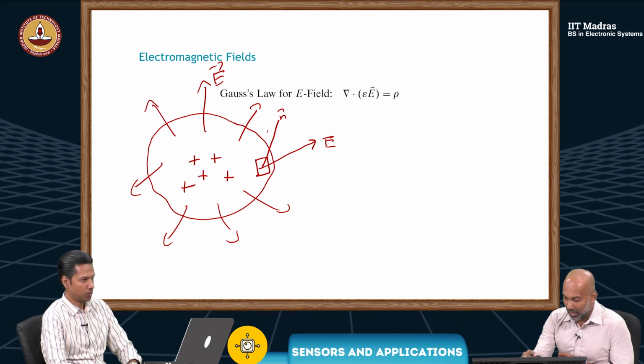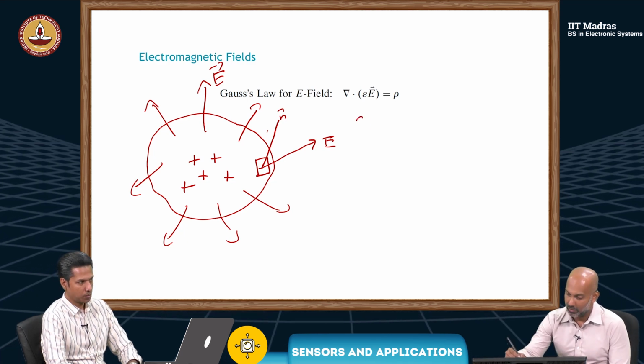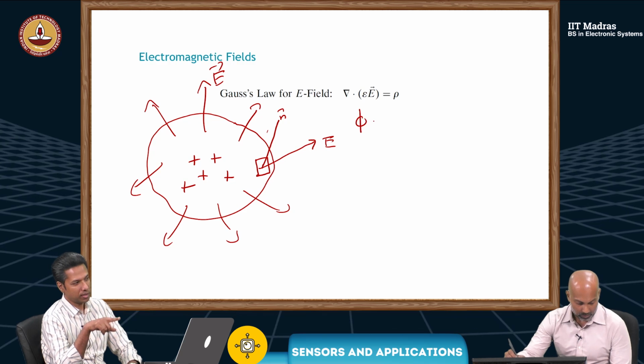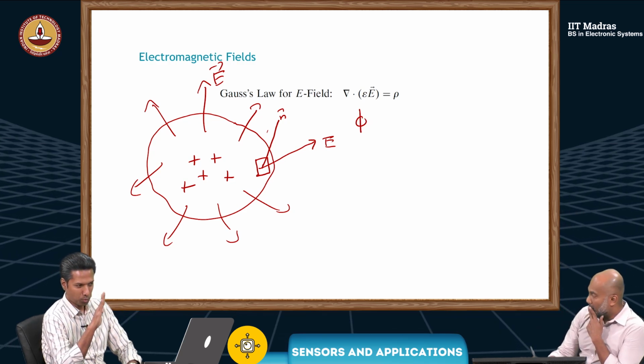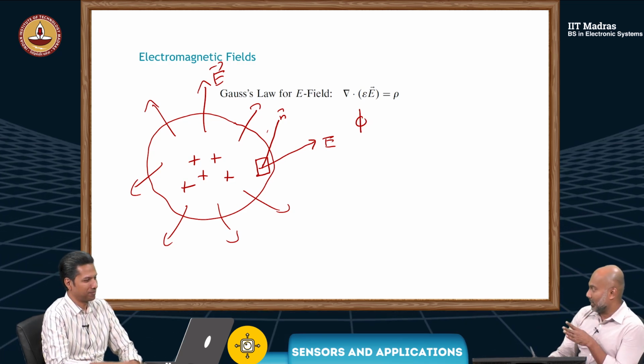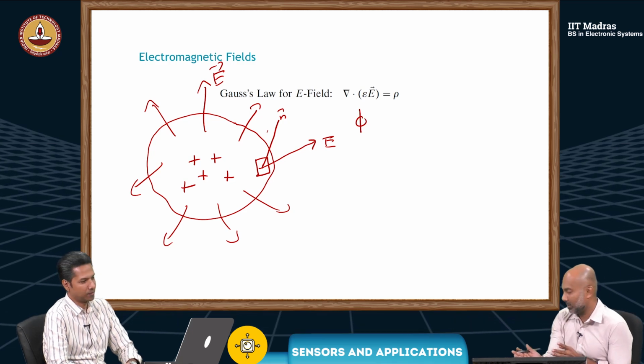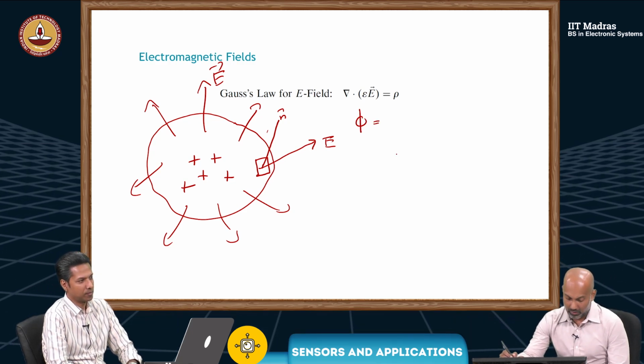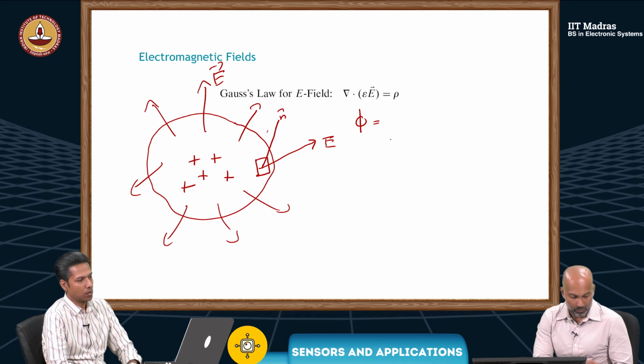So, any flux that comes out of here is what? The unit vector is 90 degrees to that small plane. The flux then is what?